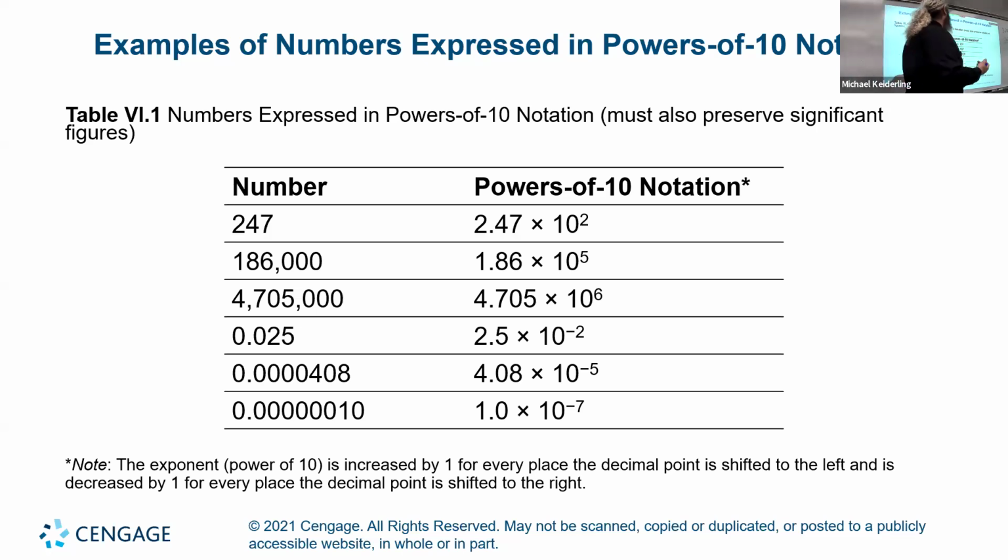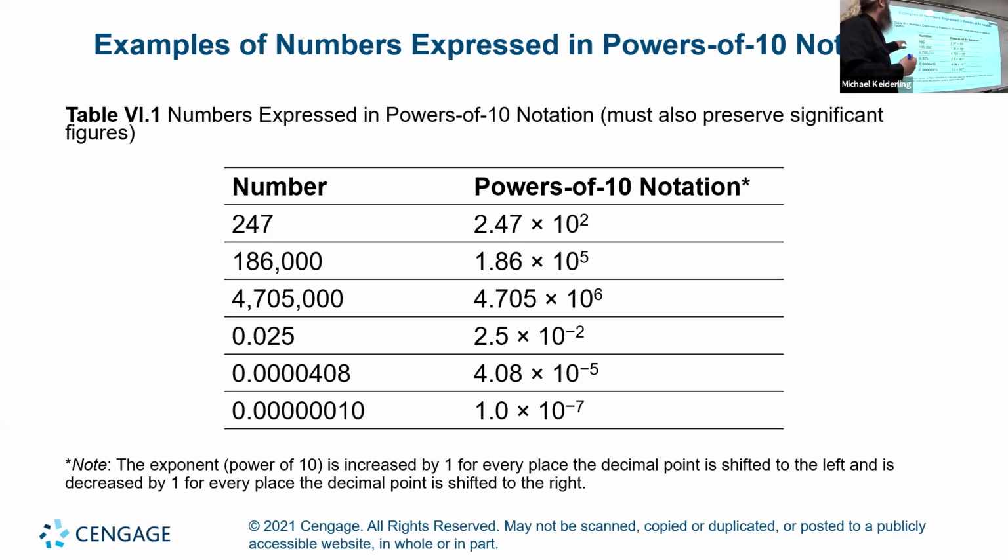And that will give us 2.47, because in scientific notation, we always write a number with exactly one number before the decimal point, and then we write it times, well, I moved 2 places to the left, so every time I move 1 to the left, I have to increase the power of 10 by 1. So that's 2.47 times 10 to the 2nd power.